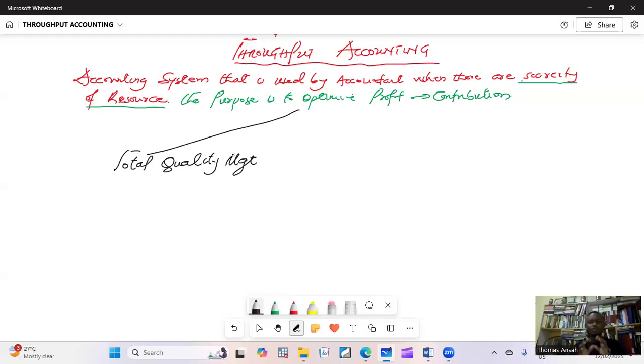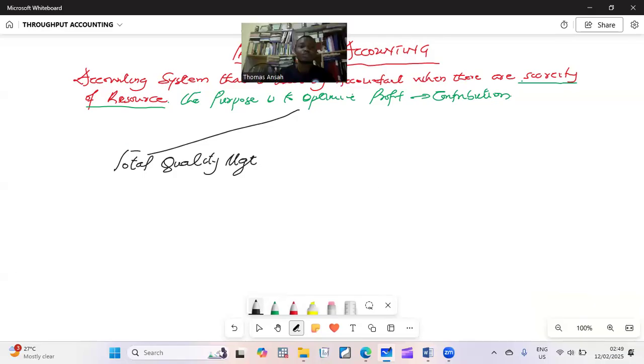Because here we are not saying the entity is stopping production because there is scarcity of resources. We are saying that the entity is going to operate continually, so there is continuous production. Yet in this continuous production, we want to make sure that scarce resources are used efficiently and effectively. So that is why we are talking about quality.